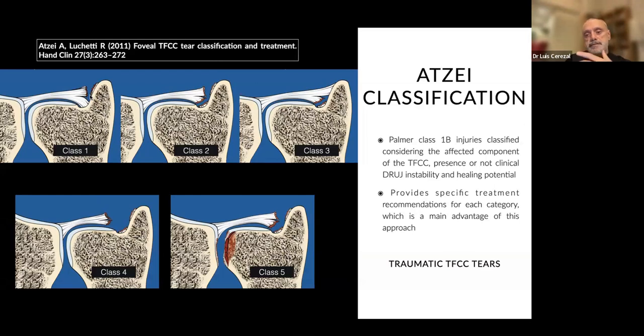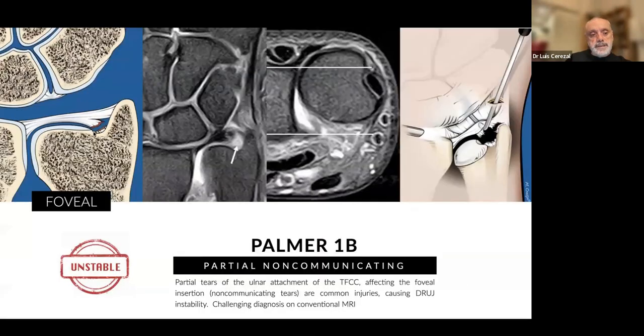It's a very important classification in terms of recommendation of the treatment of each category. And this is a partial non-communicating tear, Atzei class 3, affecting the foveal insertion, the conjoint point of insertion of the distal radioulnar ligaments and ulnocarpal ligaments.